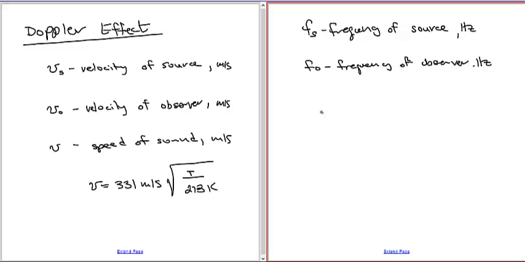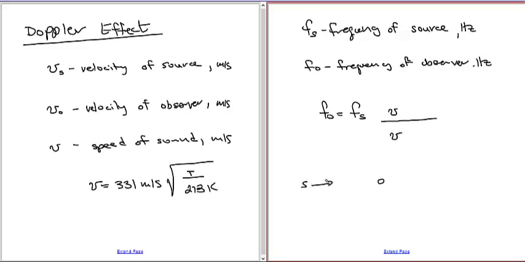Now, the equation is looking at the frequency that the observer hears, and it's a function, of course, of what the frequency of the source is, and there's going to be the speed of sound in both the numerator and the denominator. Now, let's just think about, let's say the observer, here's the observer, and here's the source.